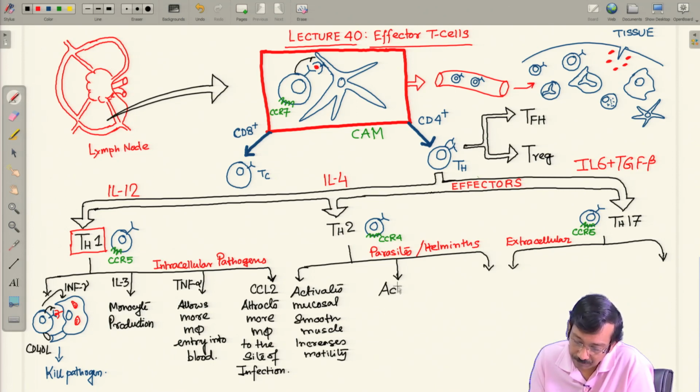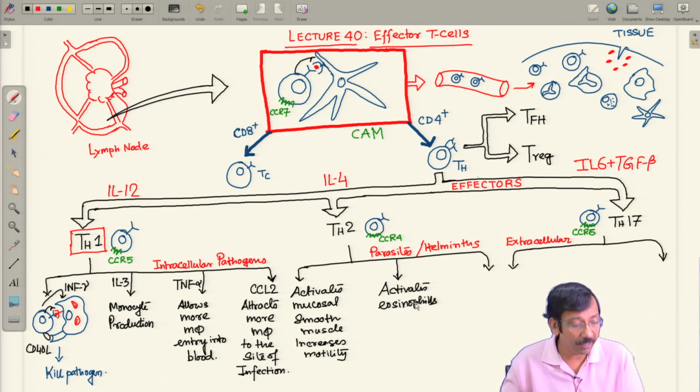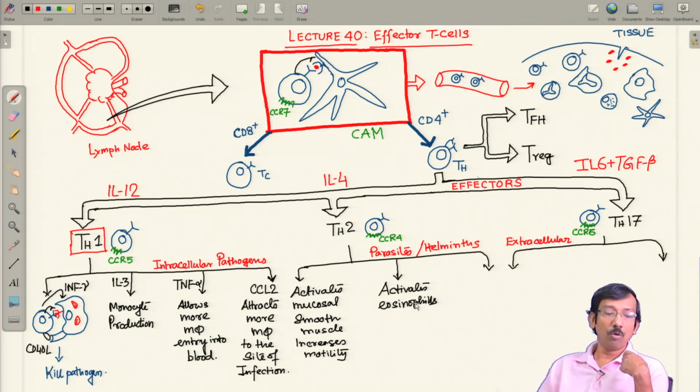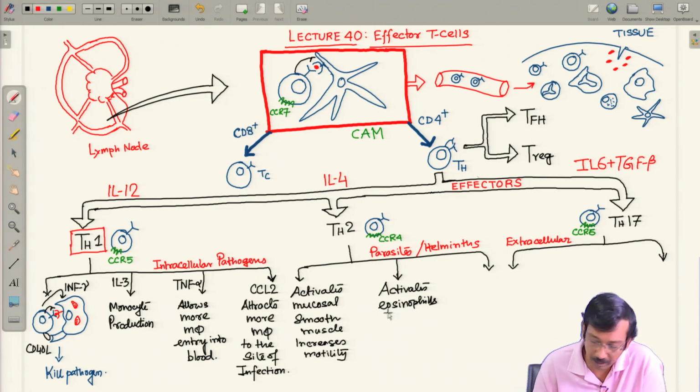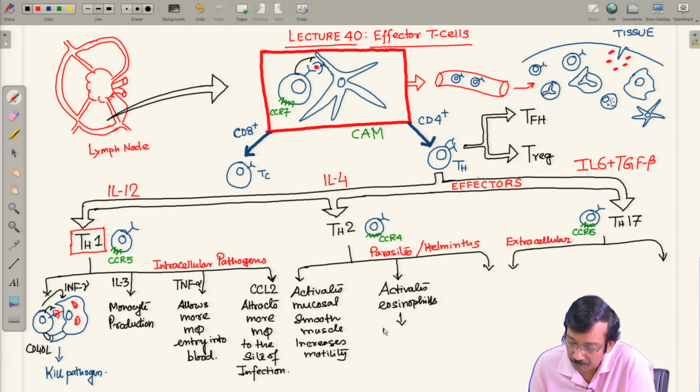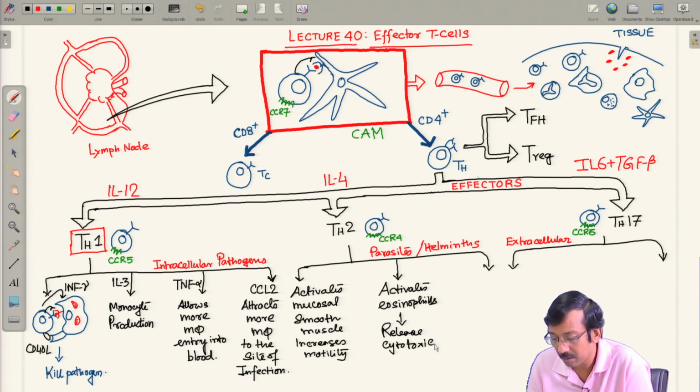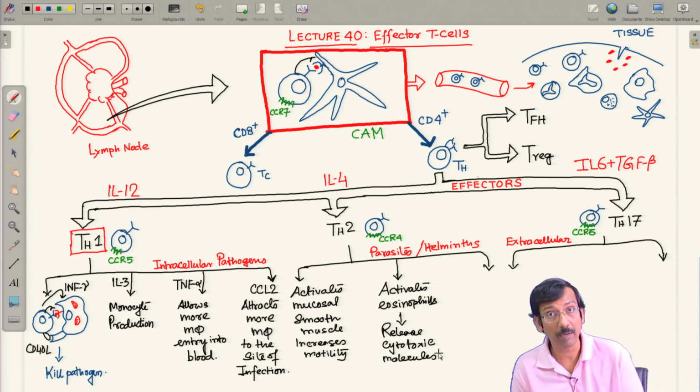So they activate the eosinophils, for example, and activation of the eosinophils and the basophils would lead to the release of many cytotoxic molecules. So they release a lot of cytotoxic material or molecules that can clear the pathogens, primarily the parasites.